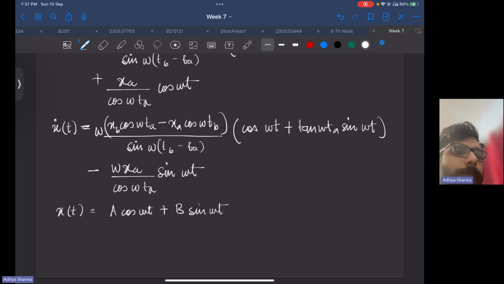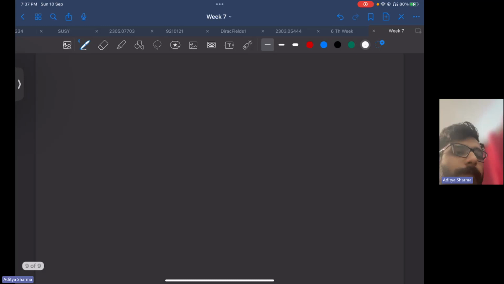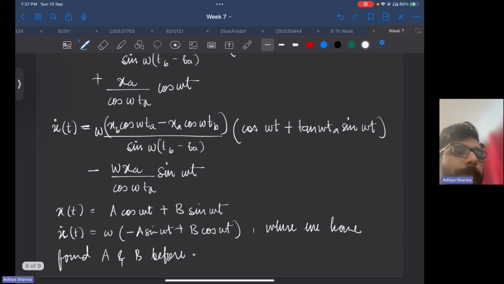So I'm going to use this, x dot of t, omega minus this and omega t, which we have found before. The reason for doing that is now I will directly calculate this and then substitute for A and B. That is a reasonable thing to do.